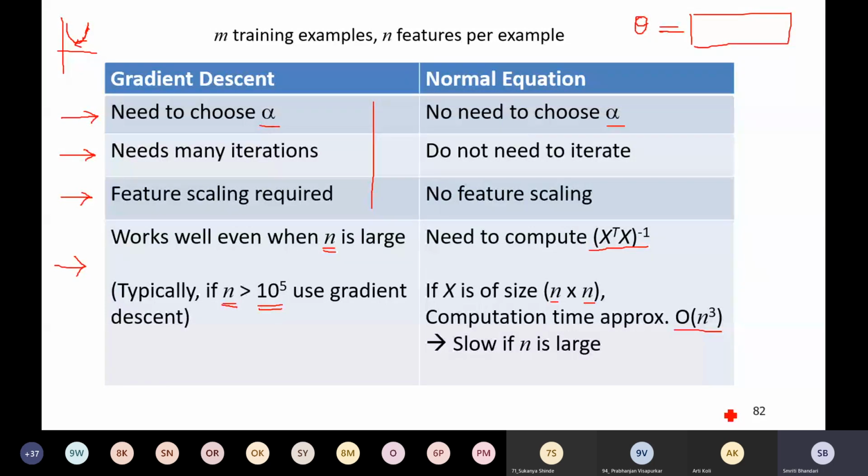That is why, if the number of features is very large, do not go for the normal equation method. But if the number of features is comparatively small, then you may prefer normal equation. If the number of features is very large, go for gradient descent. This is how we can compare gradient descent and normal equation.